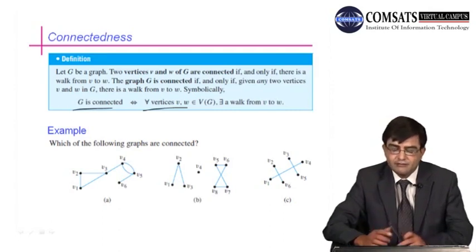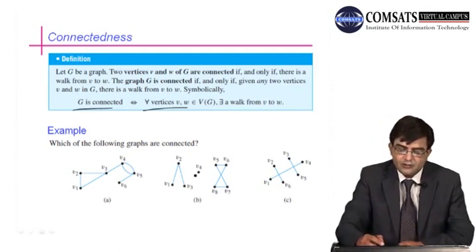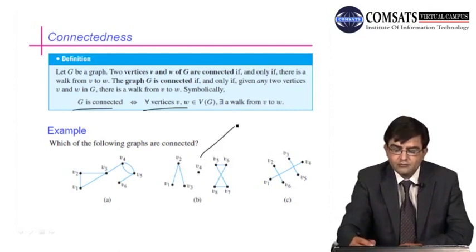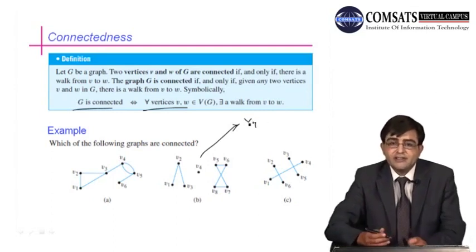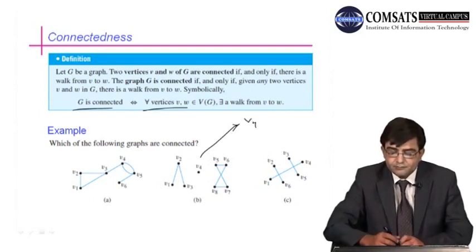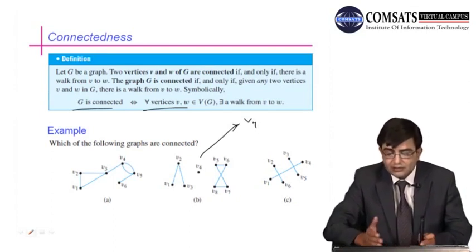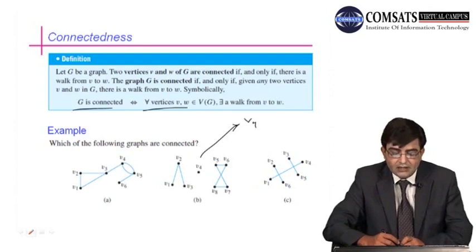If there is an isolated vertex, for example in this graph we have v4, you can write a trivial walk from v4. You can write this because it's a trivial walk, but this graph is not connected, because we'll discuss it later.